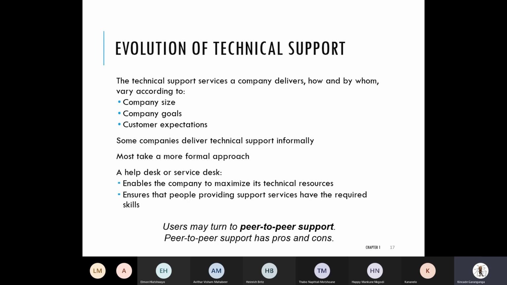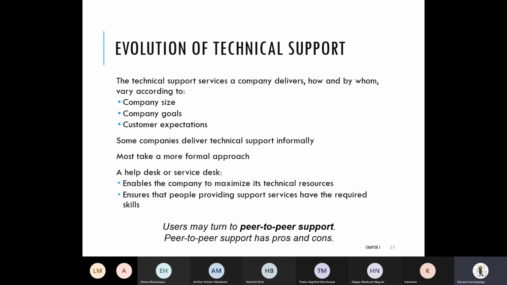So company size, the goals and the basic expectations, as far as configurations will go. Obviously, some institutions would provide informal or casual delivery of this particular technical support in certain aspects. So this is when you get what they call peer-to-peer support.